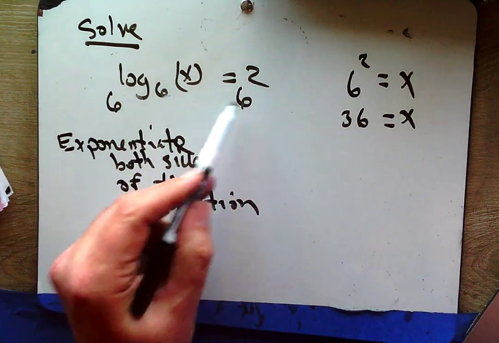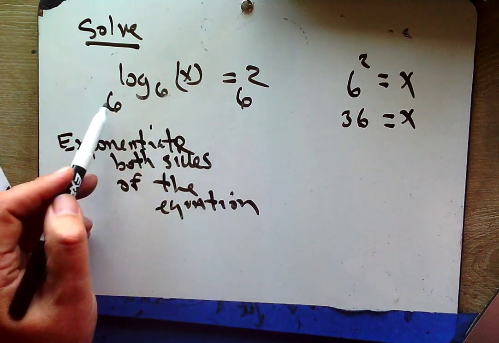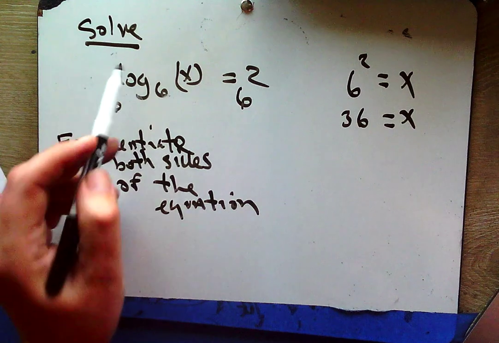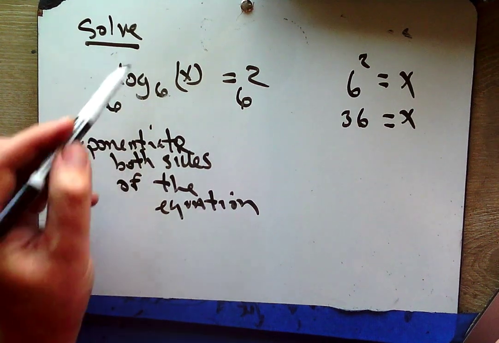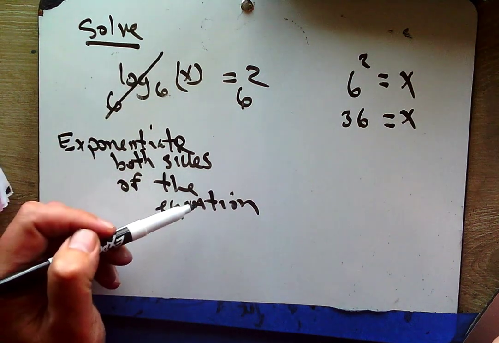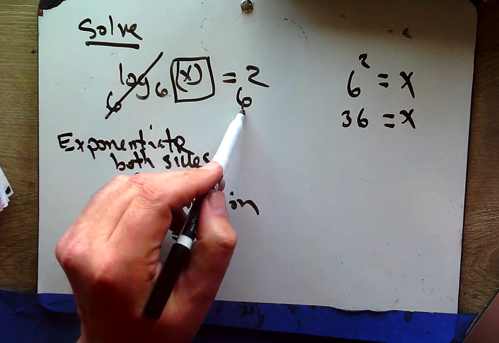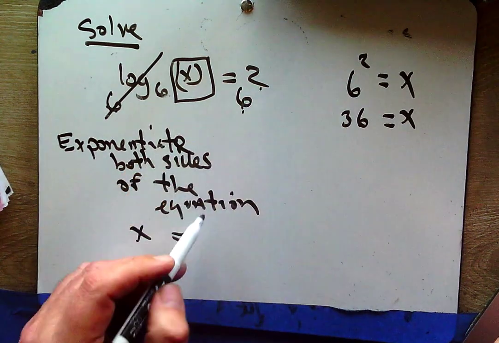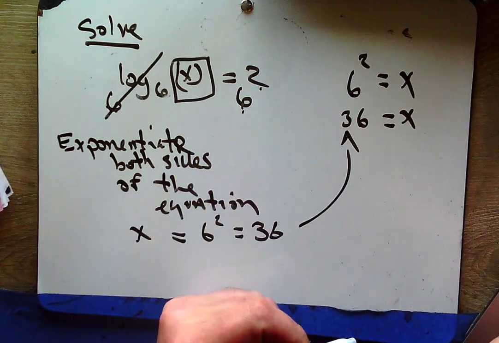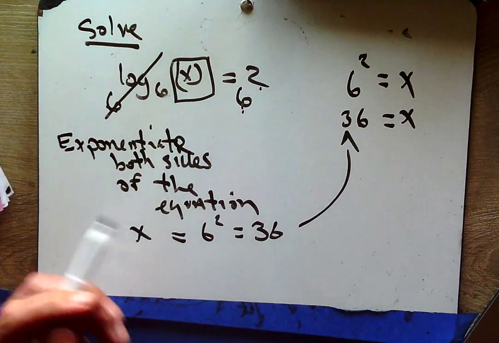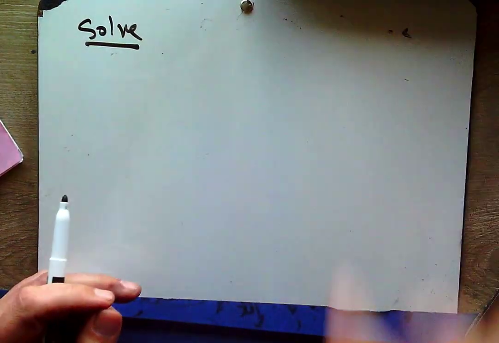And what am I using to exponentiate with? I'm using the log base, because 6 raised to the power of and log base 6 of are inverses and cancel each other out. So on the left-hand side, we just have x, and on the right-hand side, my base is 6, my power is 2, and that's the same 36 we got over here. So whether you're scorpion tailing it or exponentiating, you can still get to the same answer.